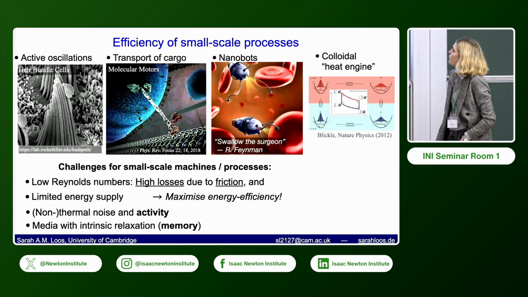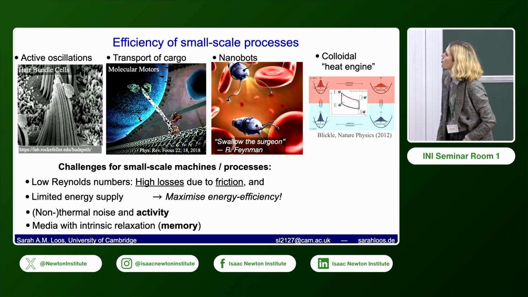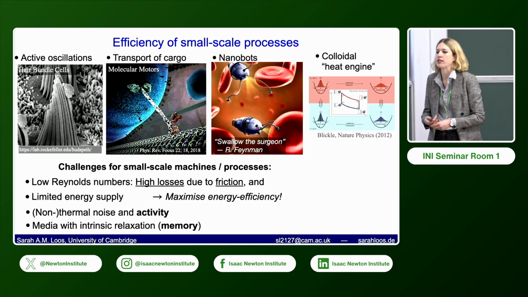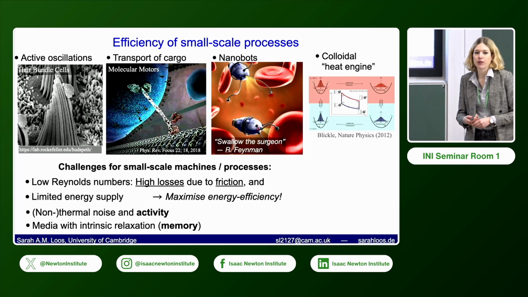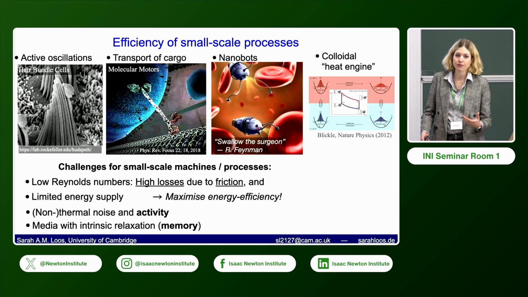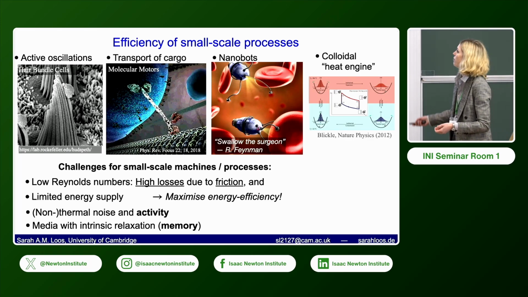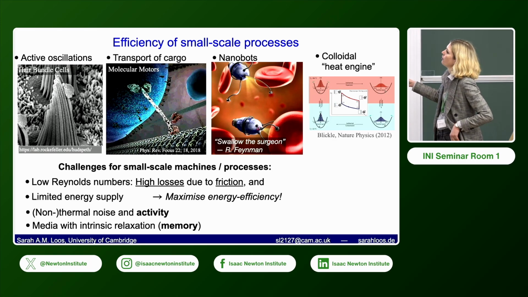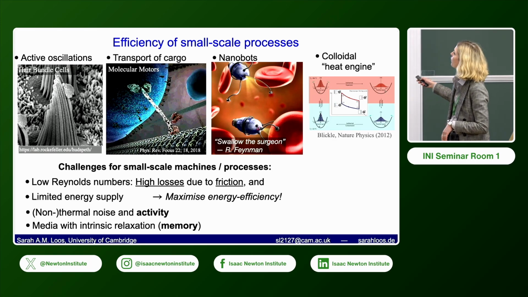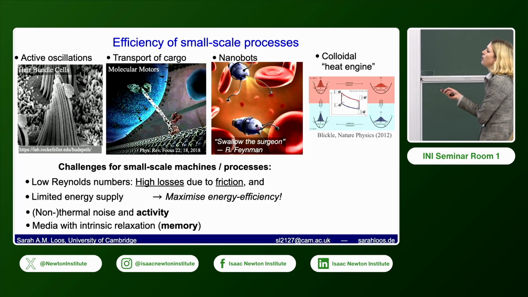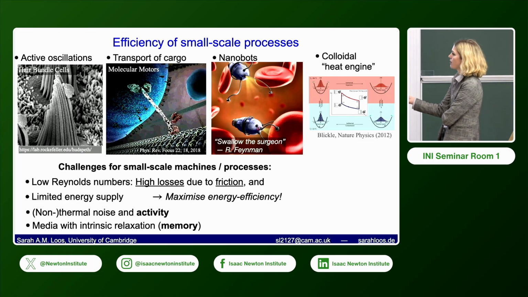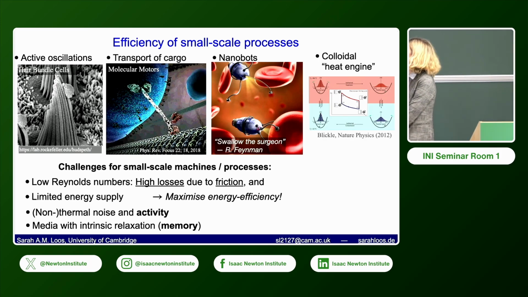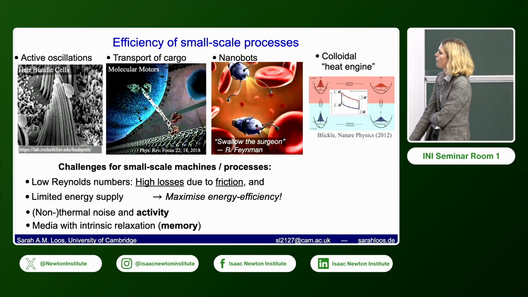I think one doesn't really need to motivate much why we want to look at energy efficient solutions for processes or systems. That is something we all very well know on the macro scale, but that is also, of course, true on the micro scale. And in some sense, you could say that it becomes even more important if you look at machines or processes at the micro scale, because if you go to low Reynolds numbers, you know that the friction will dominate your processes, so you naturally have high losses due to friction.